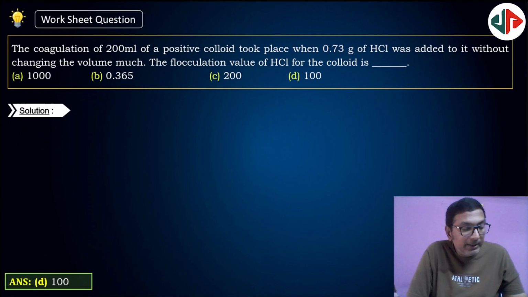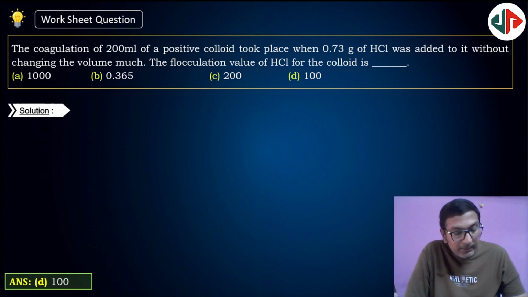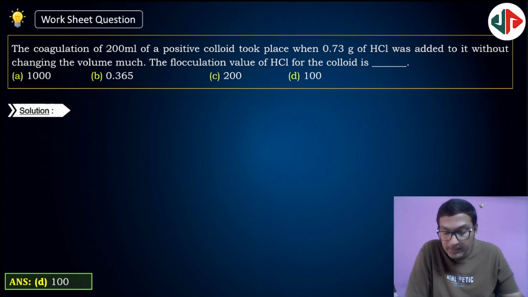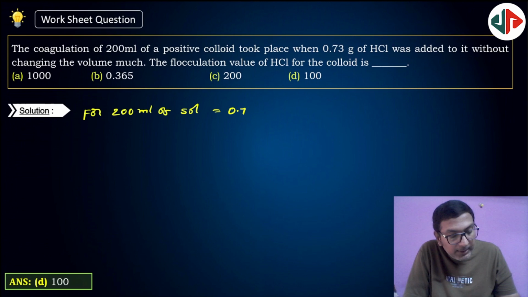For the coagulation of 200 ml of positive colloidal solution, 0.73 grams of HCl were added without changing the volume much. The flocculation value of HCl, or coagulation value. So here for 200 ml of sol, 0.73 grams of HCl is required.